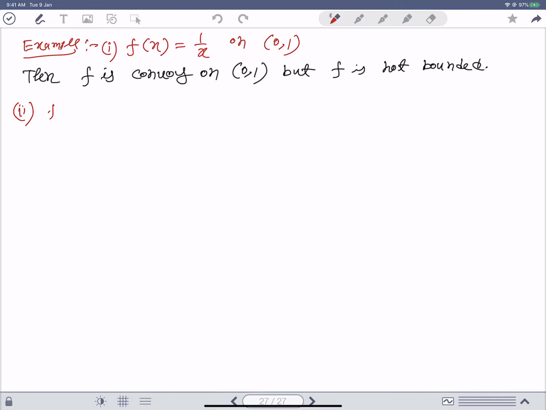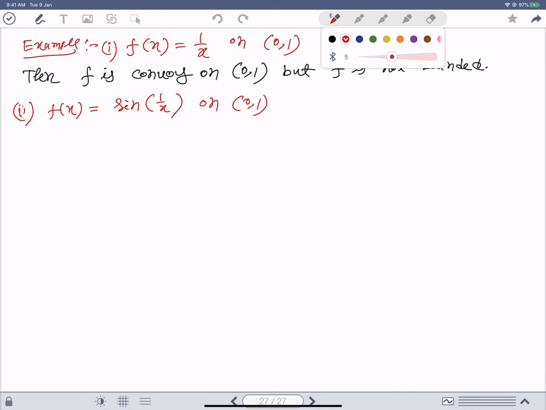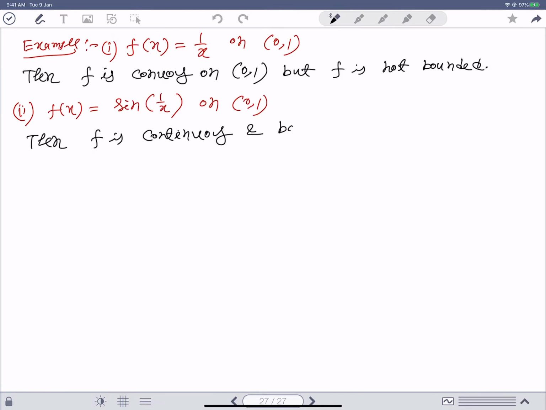But if we choose my function f of x equal to, say, sine 1 by x, again on the open interval (0, 1), then you can see that f is continuous and also bounded on the domain (0, 1).